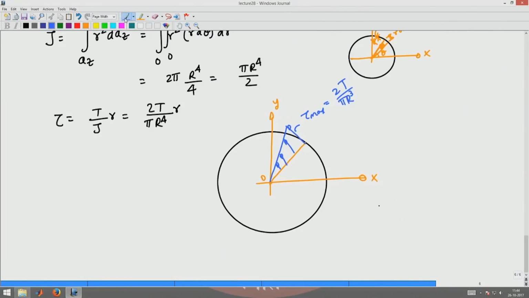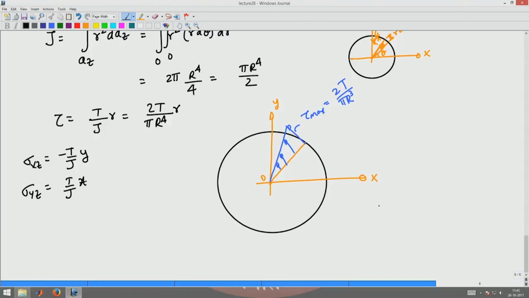In particular, let me rewrite that expression that we had before. We had sigma xz as minus T by J into y, and sigma yz is T by J into x.